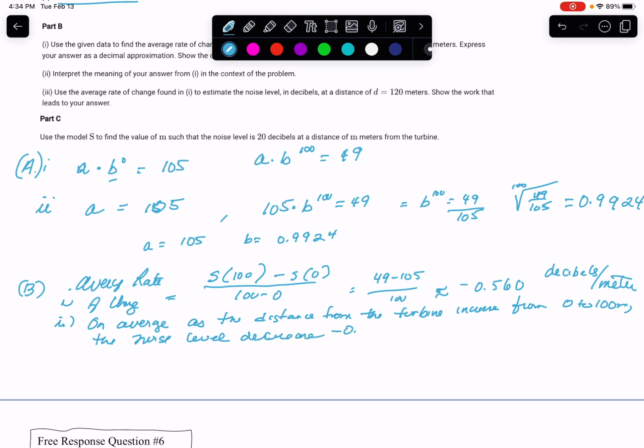Decreases, so don't say negative. Decreases 0.560 decibels per meter.